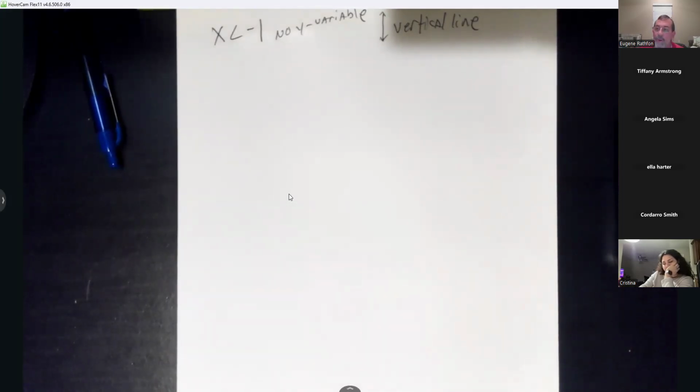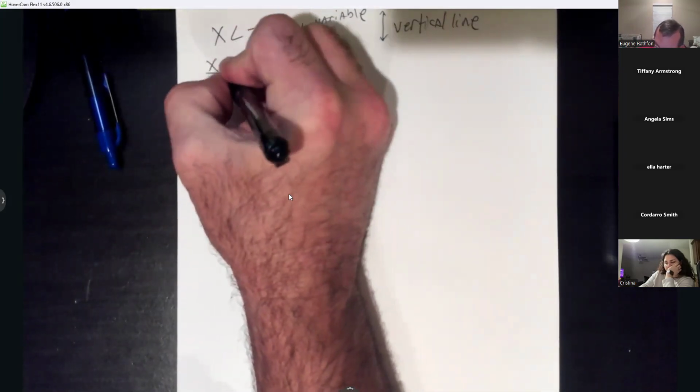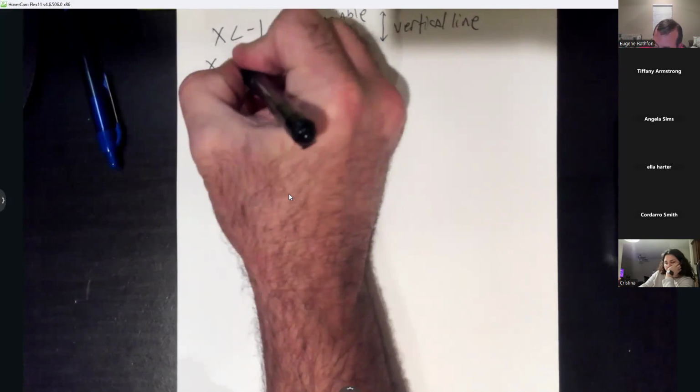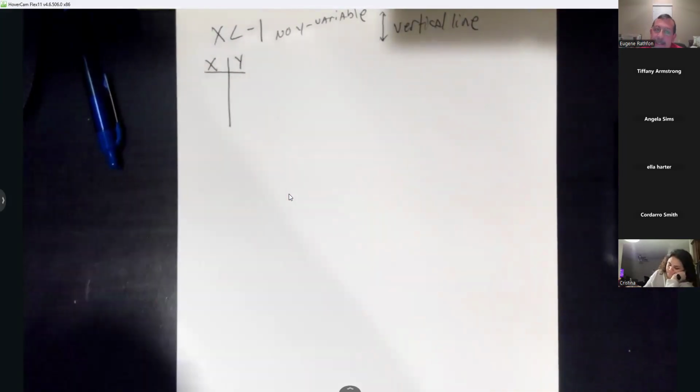That's going to be when we do the y values. When you got y equal a number or whatever, those are going to be your horizontals, okay? Now, if you was to make a table for this, guess what every one of these x values has to be?